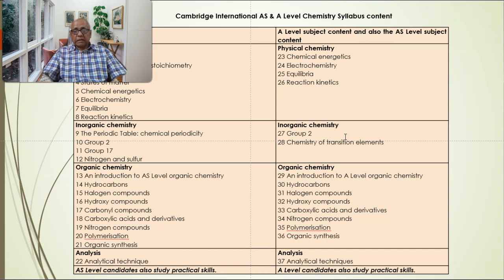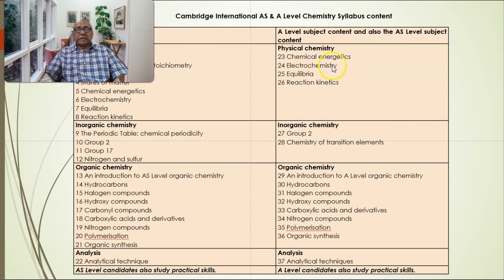And A level, again physical chemistry, inorganic chemistry, organic chemistry and analytical techniques. But you see, chemistry being chapters, you will see the chapters up to 22 in AS level and from 23 to 37 chapters in A level.